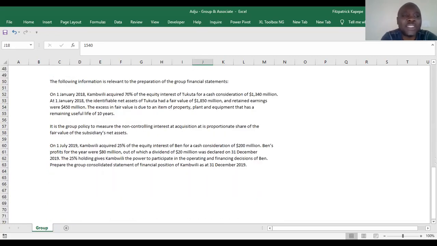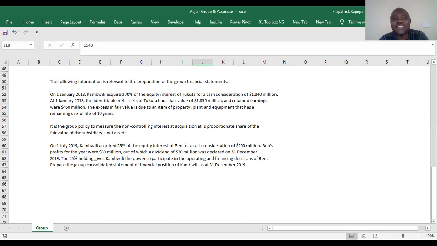At 1st January 2018, the identifiable net assets of Tukuta had a fair value of 1850 million and retained earnings of 450 million. So we are told that at the date of acquisition, this is the value of the net assets, meaning that this is the figure we're going to use in the computation of goodwill.